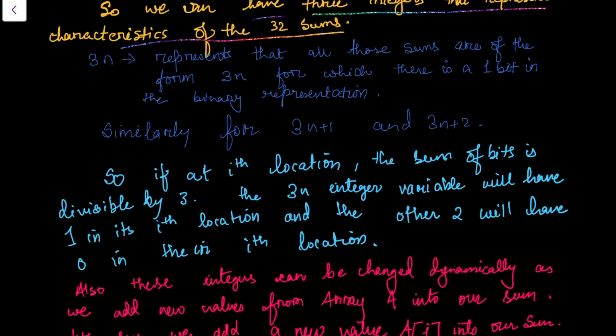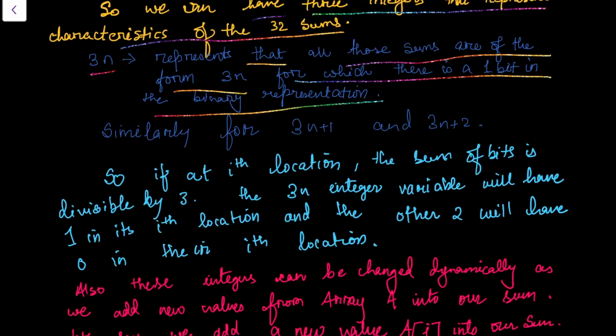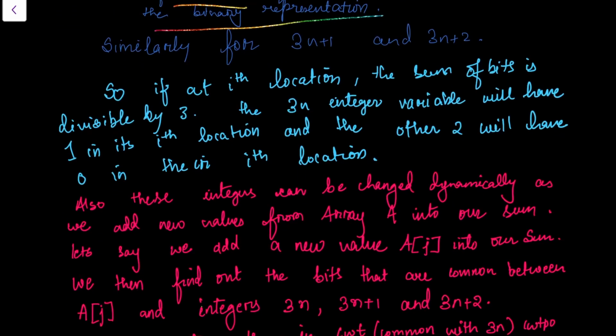It's very important. 3n represents all those sums that are of the form 3n, for which there is a one bit in the binary representation. That I have already explained. So all those sums which will be of the form 3n after summing over, let's say, x elements, the 3n integer will have 1 in those locations in its binary representation. So that is all I have written.